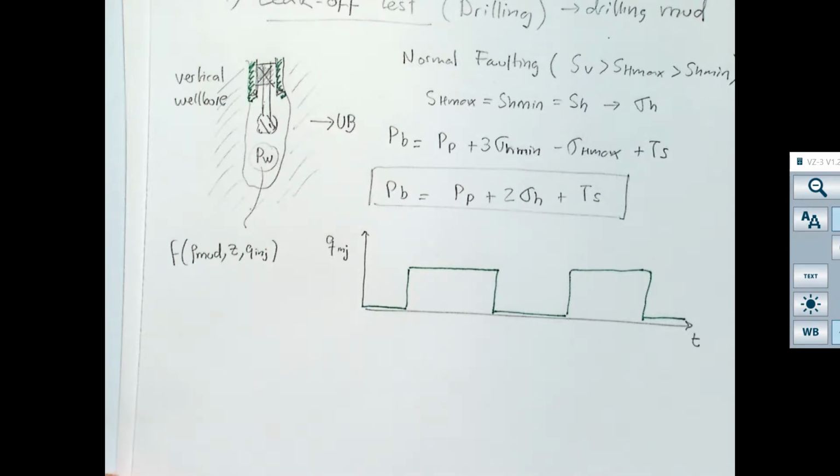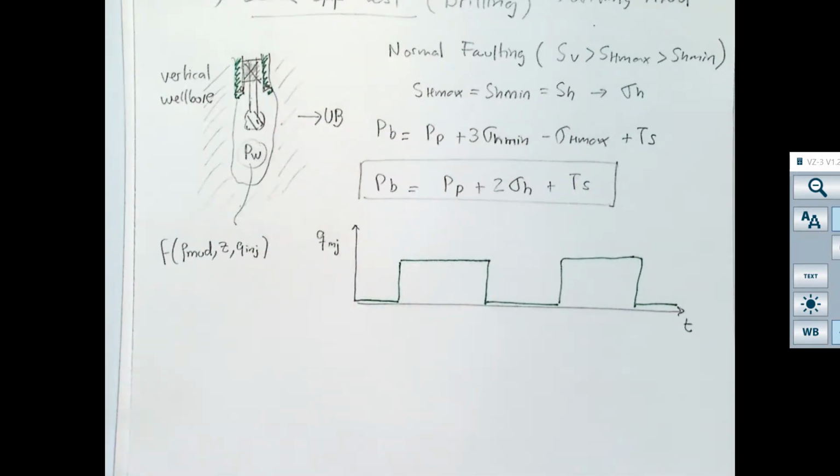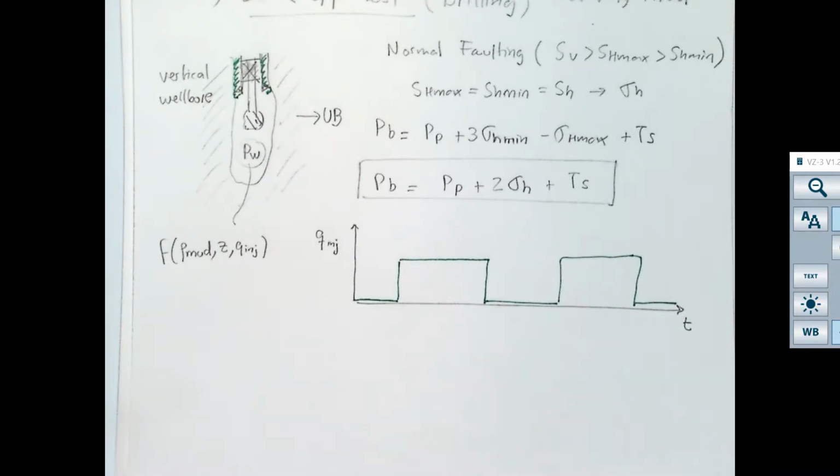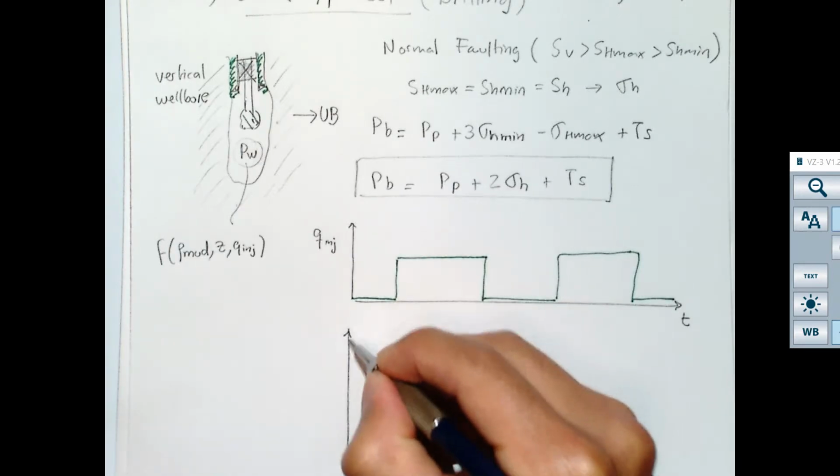Because this is more or less a closed volume, we have drilling mud that makes here a mud cake. So the drilling mud is not going to get so easily into the formation. So if you keep on injecting, what do you think is going to happen with the pressure?